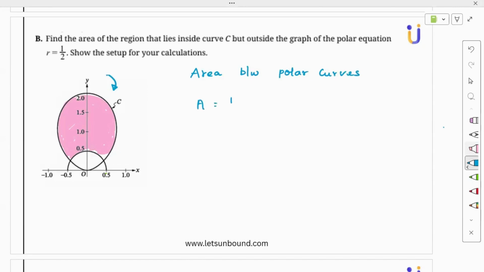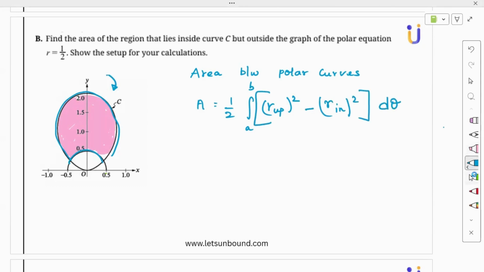So area is half integral, and the limits we need to find. Outer curve, or upper curve, squared minus the lower, or inner, curve squared, all in one bracket with d theta.